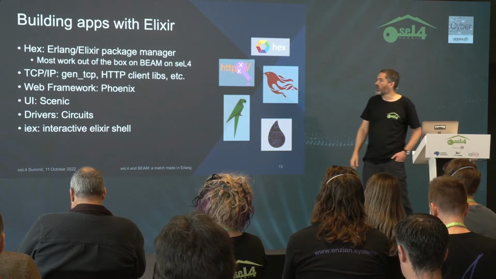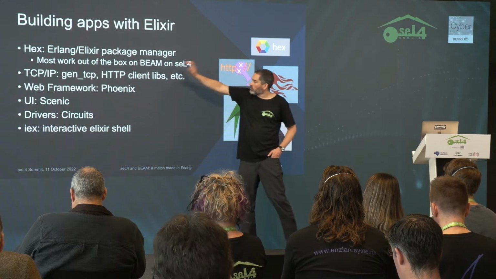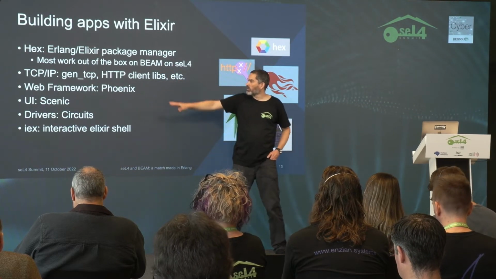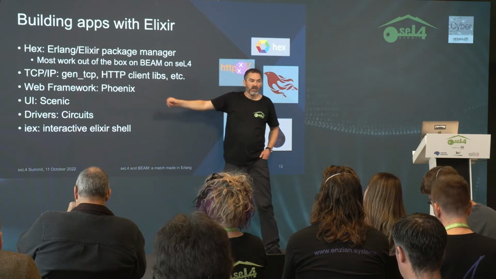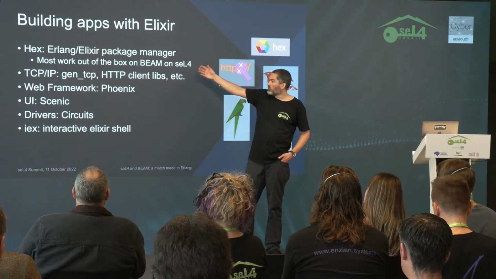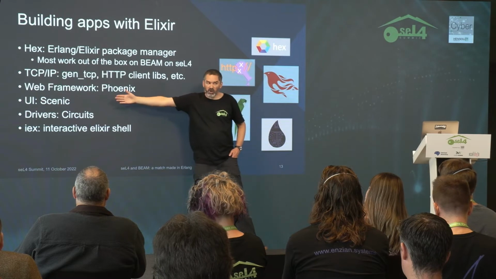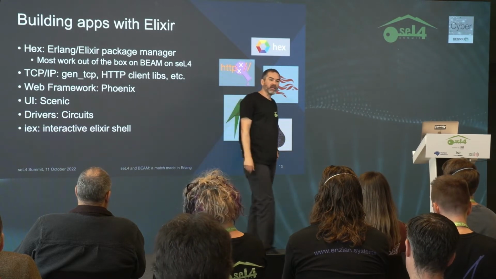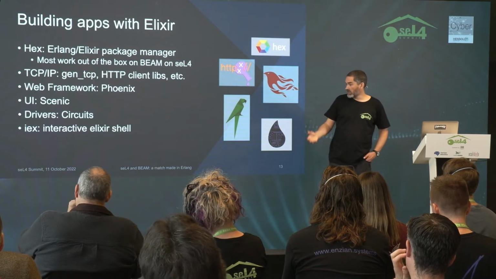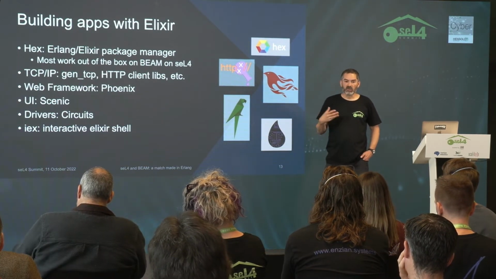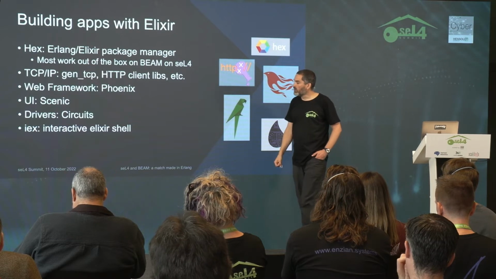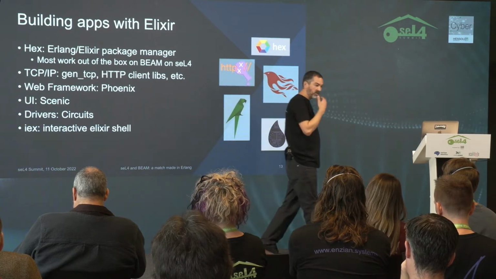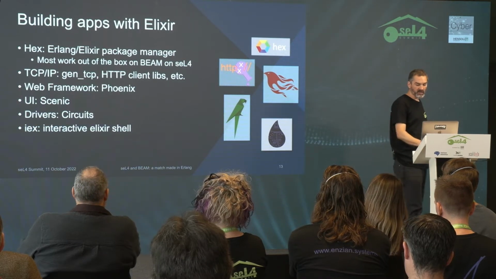For example, HTTP clients, TCP/IP libraries and stuff for communication. We've got the Phoenix Web Framework. This super popular framework can just run on Beam on seL4. Boyd mentioned the UI, the Scenic UI. We've got even drivers written in Elixir for IoT sensors and stuff like that, small devices that you connect to your boards. And we've got the interactive Elixir shell and so on, and all of that works, and we can take advantage of all of that.